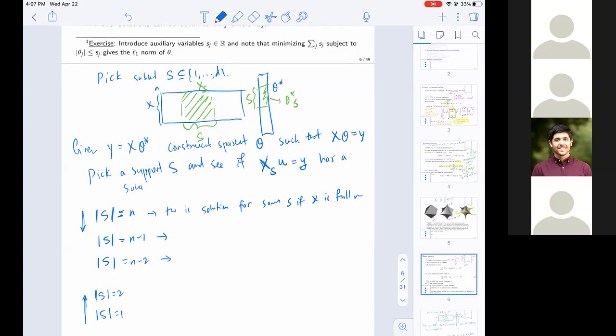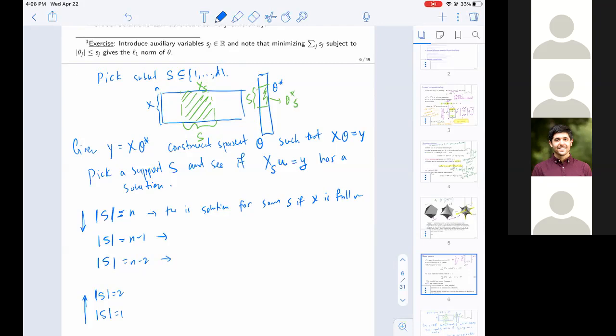This may not have a solution for an arbitrary S, yes. So you start from small S, so S is of size 1, and you try them all. And if there's one of them that has a solution, then you have found the one sparse solution, and you're done. Okay, yes.